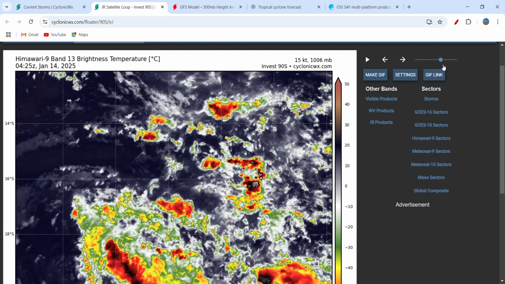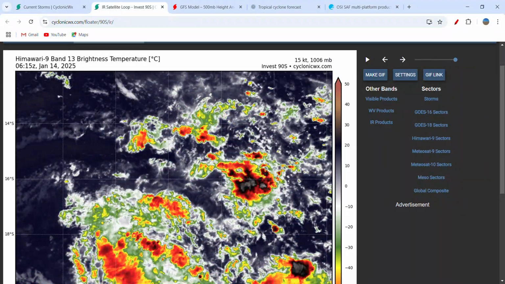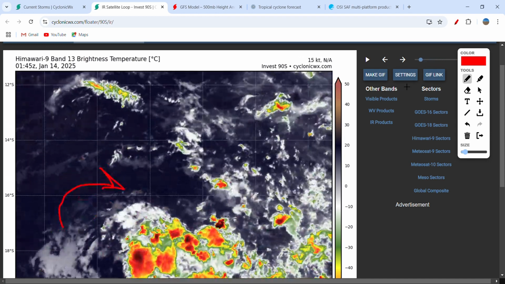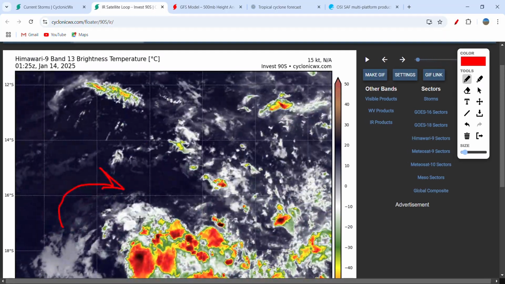And at the moment, we can see that there is some sort of weak low-level turning, really, which might be a bit better visible as we take a look at the low-level kind of cloud pattern that you can also see here.